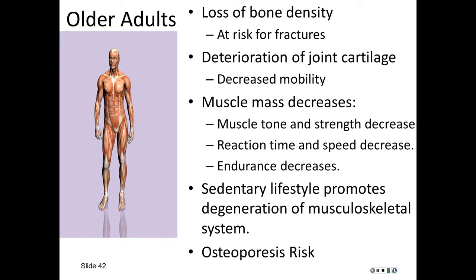And sedentary lifestyle will cause degeneration of the musculoskeletal system, decreases flexibility a lot, and osteoporosis risk. You're going to notice that people that will exercise, even though obese, will have a lot more flexibility and a lot more stability in their movements, regardless of their weight.